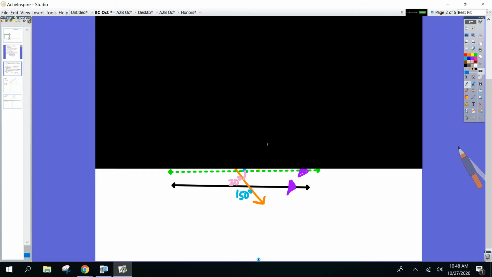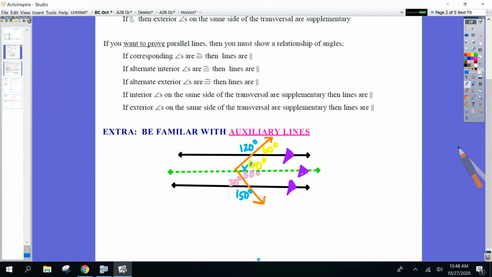Not corresponding, but alternate interior. And alternate interior angles are congruent. So I can put that angle as 30. Look at the two. Angle X happens to be a right angle, it looks like, just by the numbers I picked. 90 degrees.